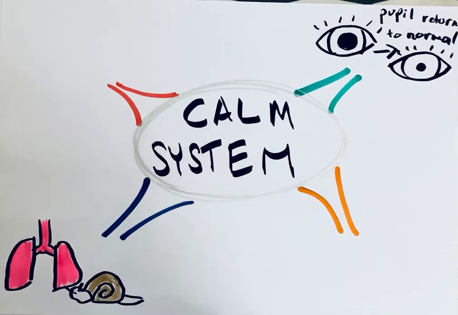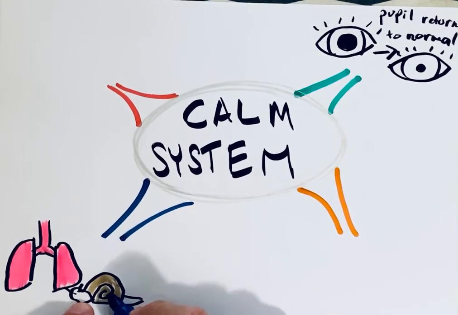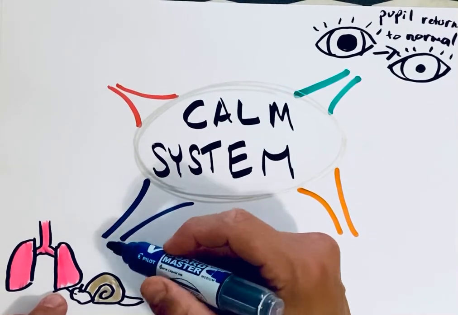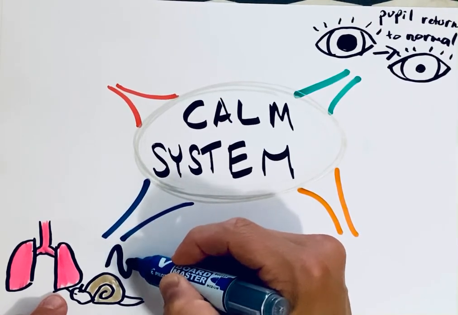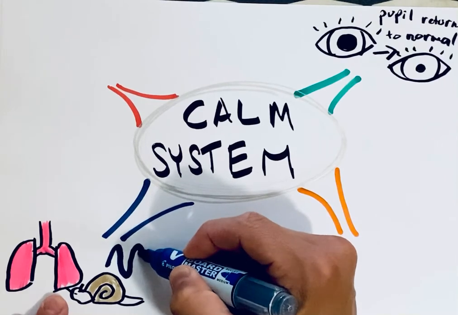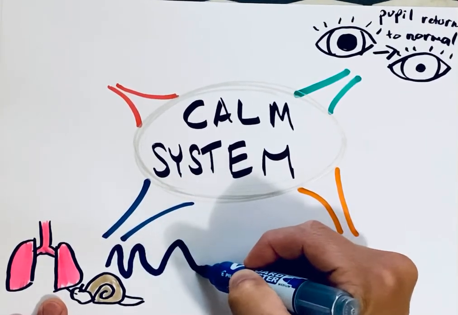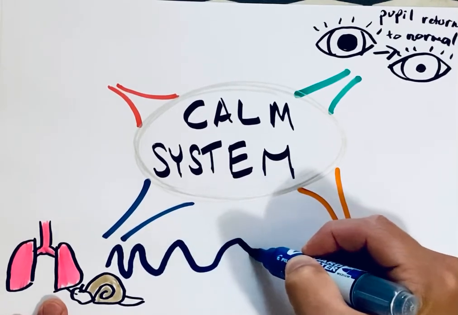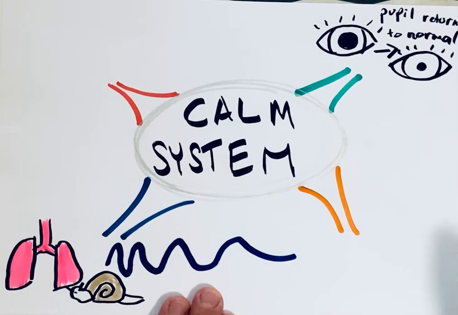And not only does it slow down, but if we remember correctly, we also said it becomes deeper. So here where the lightning bolt was, we have a snail. And now where the black line was, we're going to have a deeper line. And then we're going to go like this, slowing down our breath. Okay, I like that drawing because that really identifies the idea of going deeper and slower.